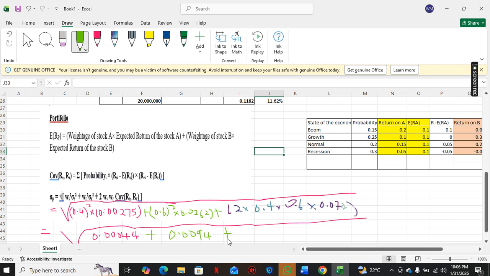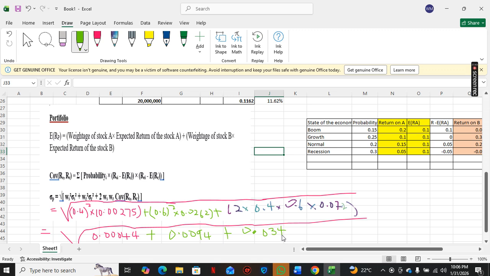Plus 2 times 0.4 multiplied by 0.6 multiplied by 0.072, 0.034.